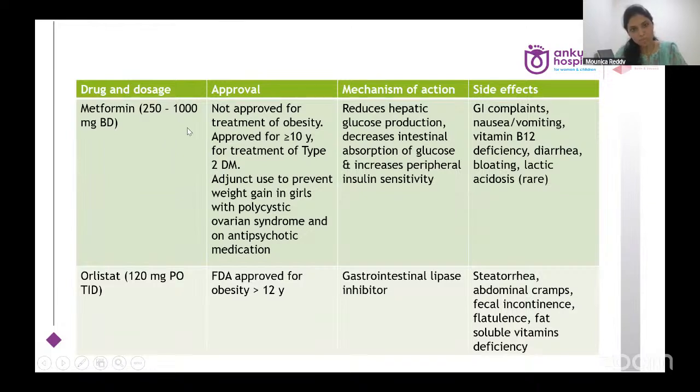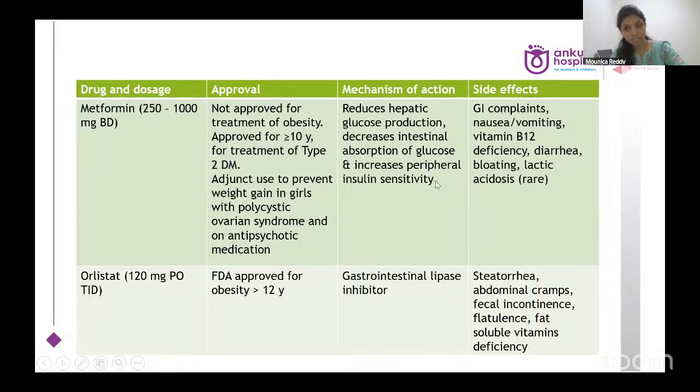So metformin is not approved for the treatment of obesity per se, but it is used for the treatment of type 2 diabetes, also sometimes as an adjunct to prevent weight gain in girls with PCOS or children who are on antipsychotic medication. It works by reducing hepatic glucose production, decreasing the intestinal absorption of glucose, and increasing peripheral insulin sensitivity.